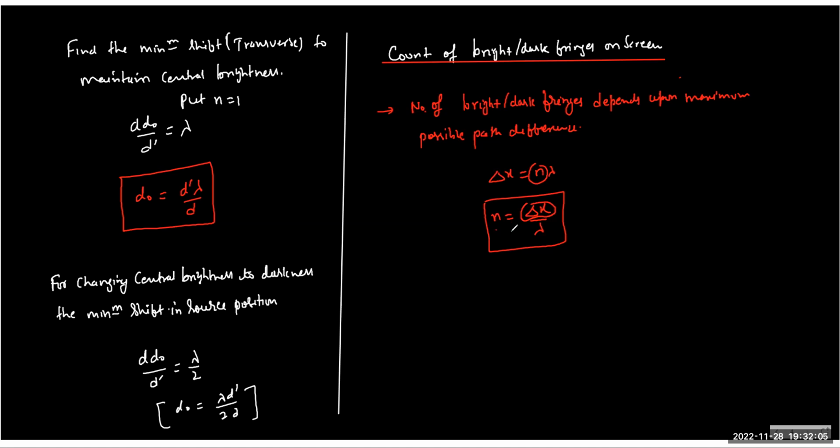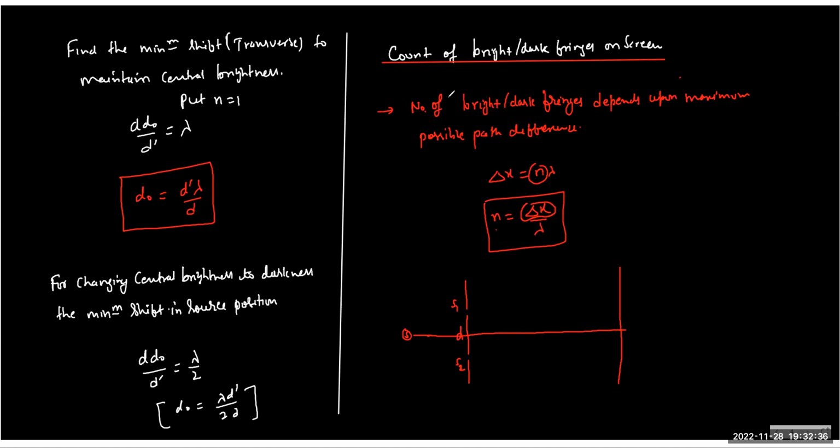So n is the count, and that is a simple way of writing. In any YDSE experiment, I'll start with a simple one. Tell me, what is the maximum path difference possible? You can guess directly.